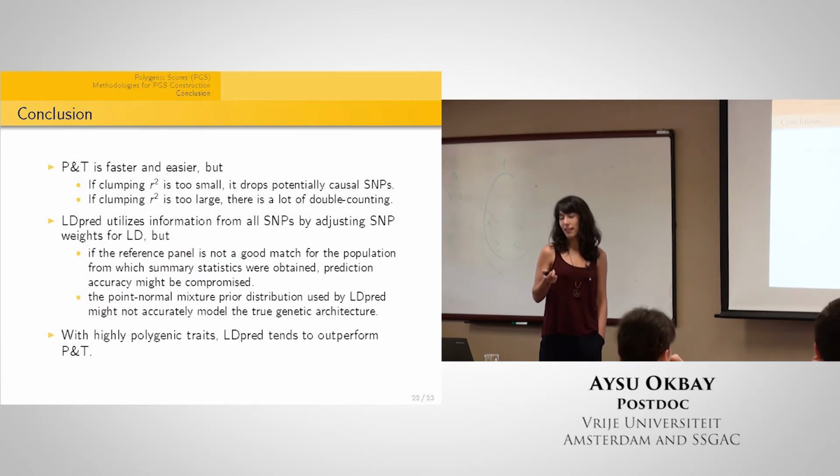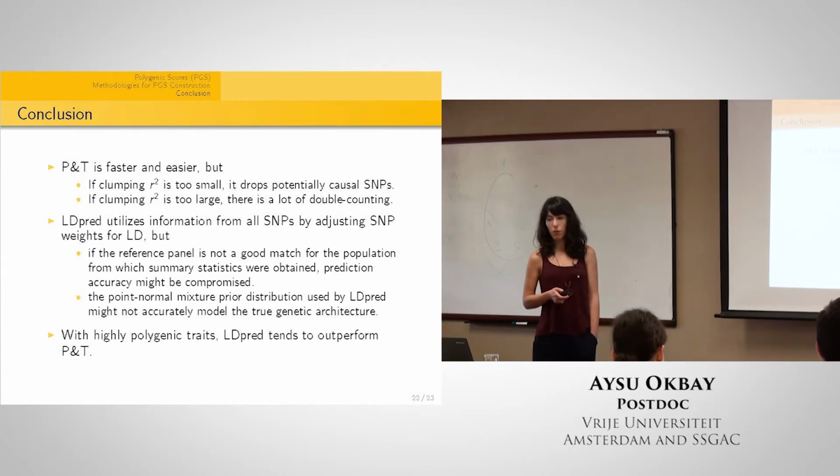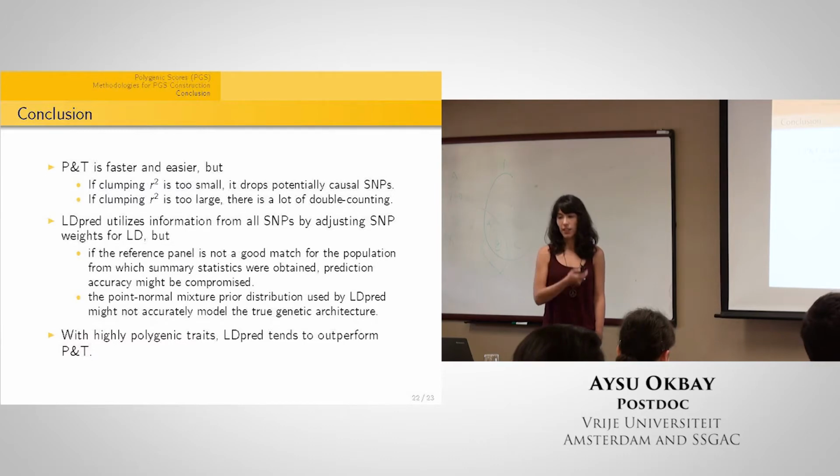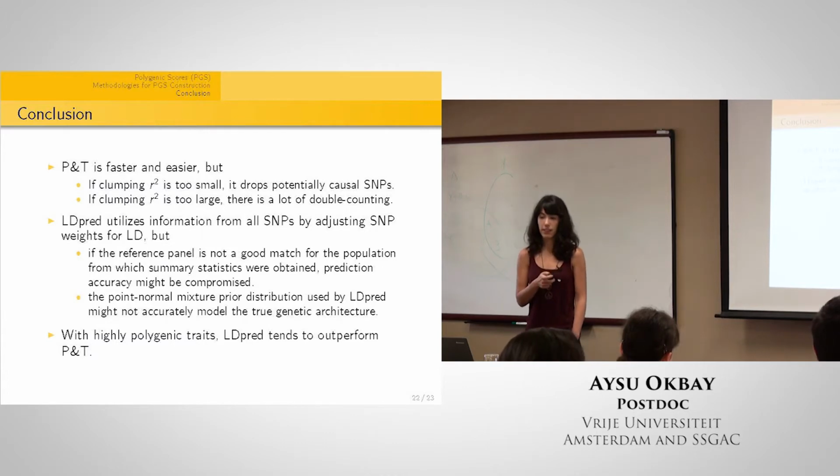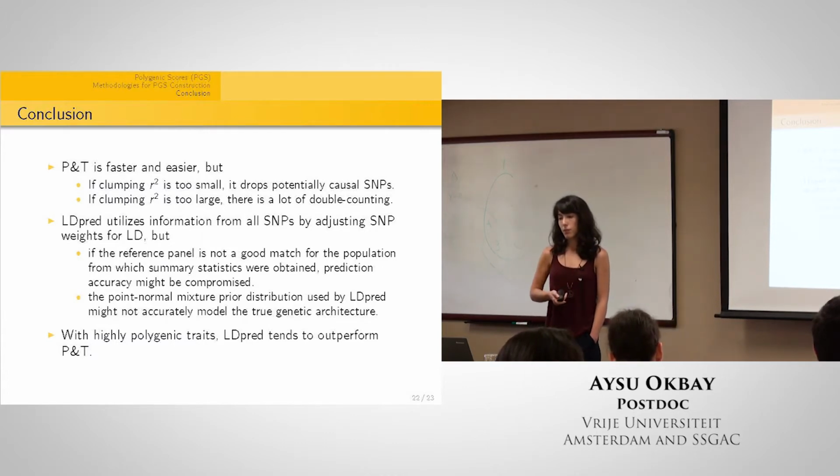Okay. So pruning and thresholding is faster and easier. But if your clumping R-square is too small, it drops potentially causal SNPs, so you lose a lot of information. If it's too large, there's a lot of double counting. LDPRED, on the other hand, utilizes information from all SNPs, and it adjusts the effect sizes for those SNPs, which is good.